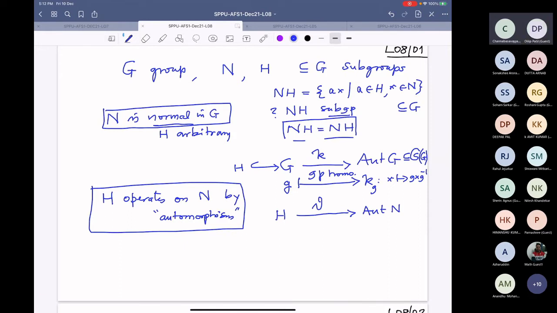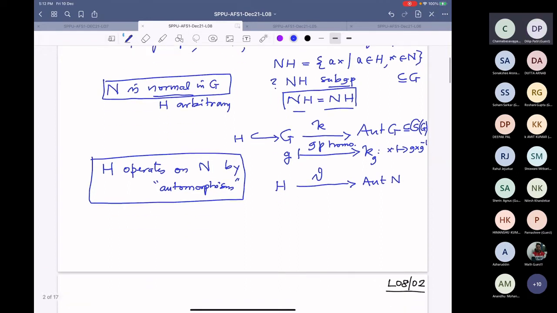All right. Now, we have therefore a natural map. Map is from where to where? N cross H to G. What is the map? Any x, a, this goes to xa.